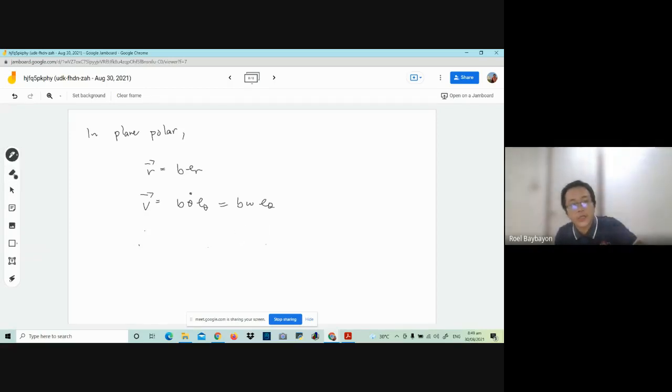So the acceleration is equal to b omega e theta dot. But e theta dot is equal to negative theta dot e_r, and theta dot is actually omega.